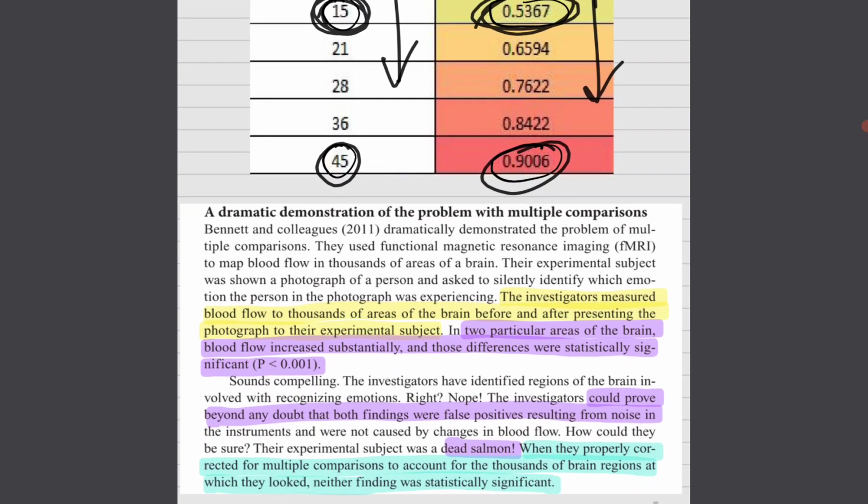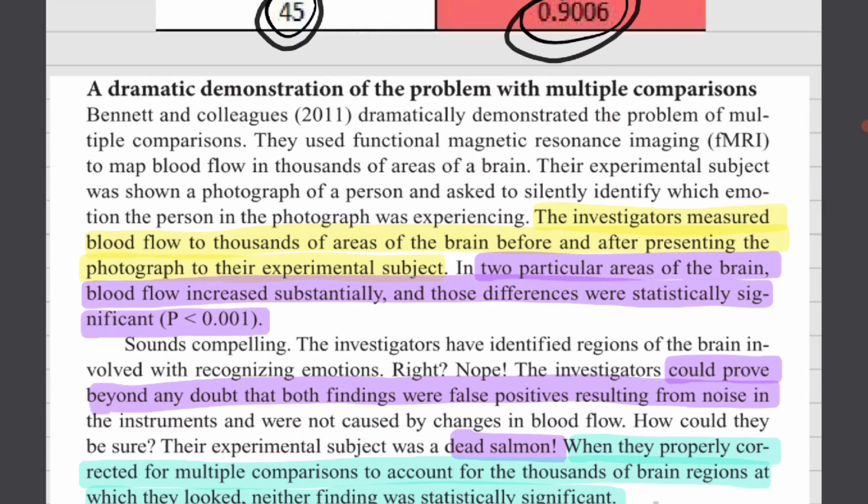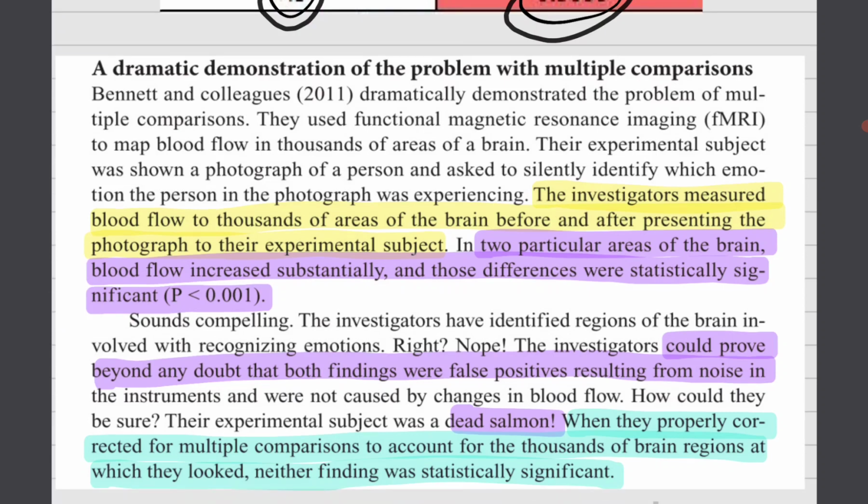So I'll give you one interesting example of multiple comparisons in real life. Bennett and colleagues dramatically demonstrated the problem of multiple comparisons. They used fMRI to map blood flow in thousands of areas of the brain. Their experimental subject was shown a photograph of a person and asked to silently identify which emotion the person in the photograph was experiencing.